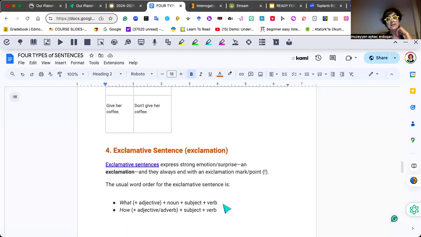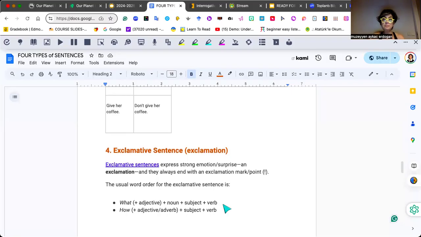And the last one is exclamative sentences. These kinds of sentences express strong emotions, surprise, a shocking position or feeling. Okay, so all these kinds of feelings and emotions are required to write the sentence in an exclamation form.